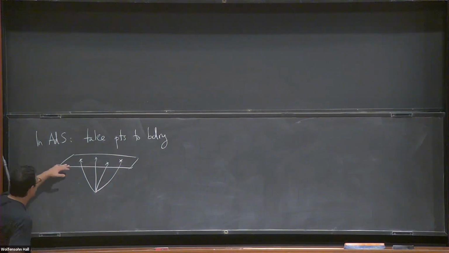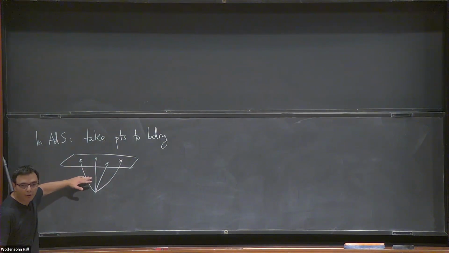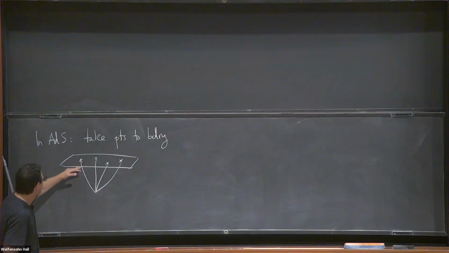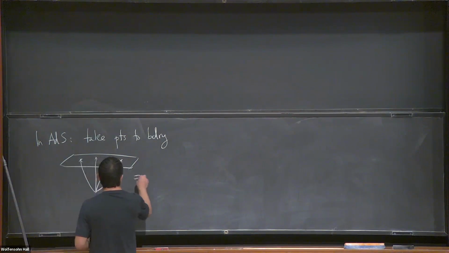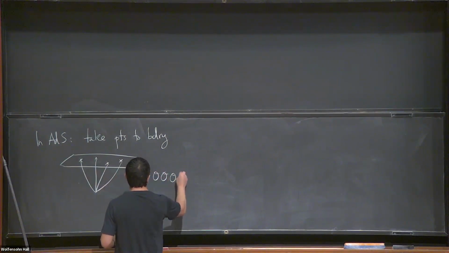We can compute this when these points are arbitrary points in the bulk. So this would be just a product of propagators in the bulk, integrated over the bulk point, and then take the limit where those propagators go to the boundary and divide by 1 over z to the delta for each one. So this would be the 4-point function.